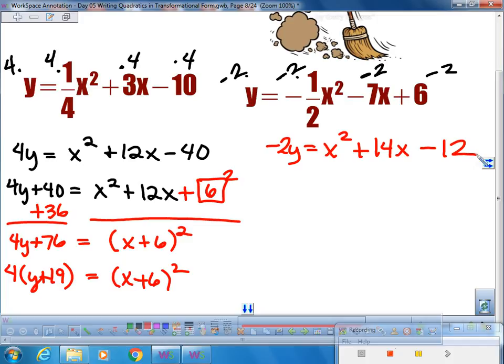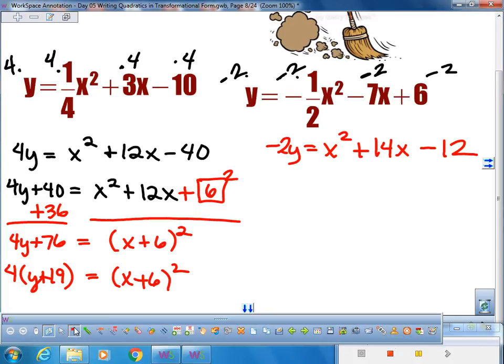Okay, so now that you've got that, go ahead and complete the square. I'm going to pause it. Okay, so everybody did a really good job at catching that this one doesn't work out very nicely. So we add 12 to the other side, and we get negative 2y plus 12 equals x squared plus 14x.